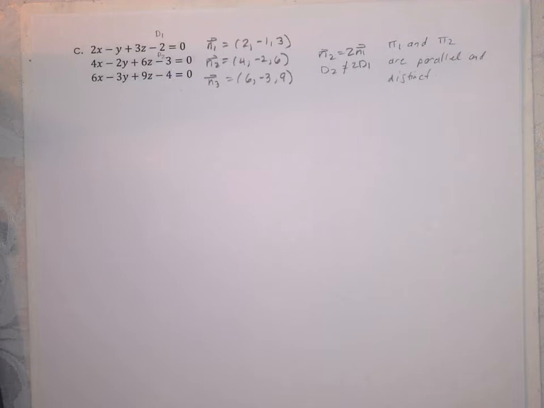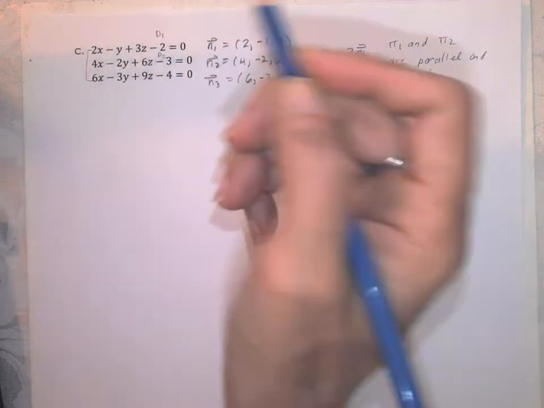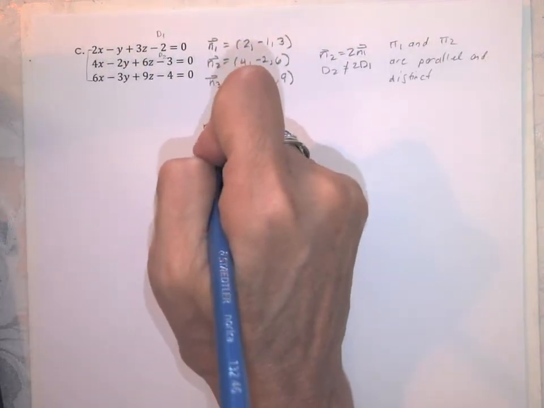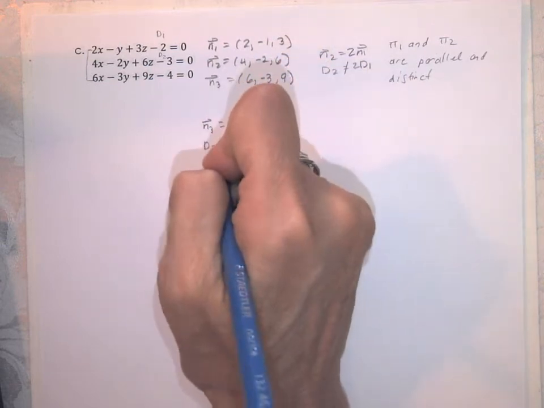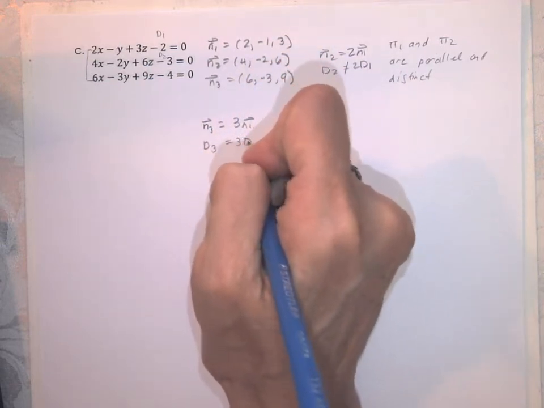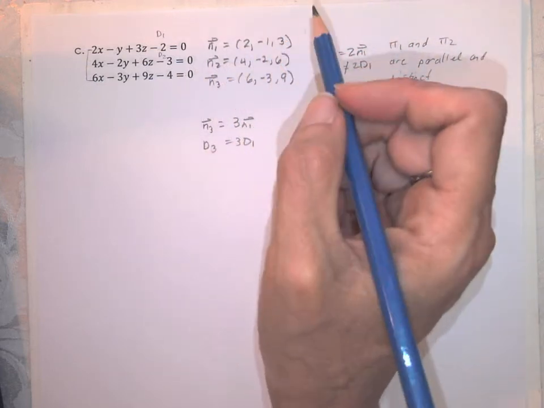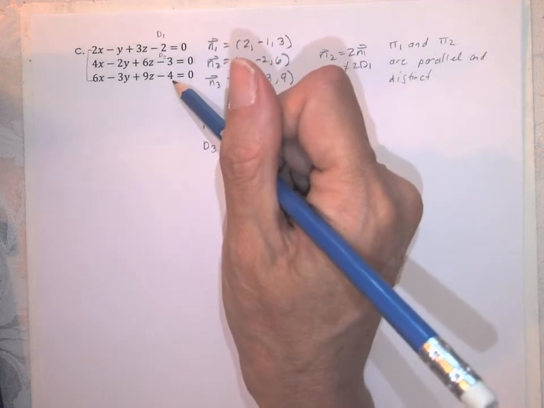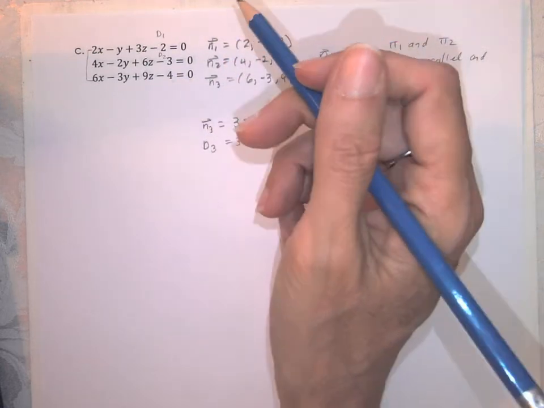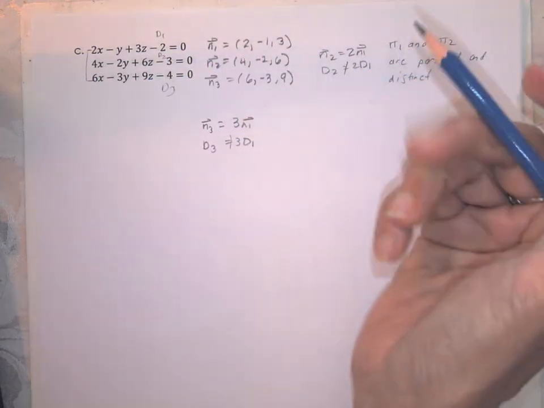But we want to know the geometric arrangement as well. So I'm going to look at pi 1 and pi 3 now, because I see that n3 is 3n1. So now I'm going to see if d3 is 3d1. So d3 is -4, and d1 is -2, so this is also not true.